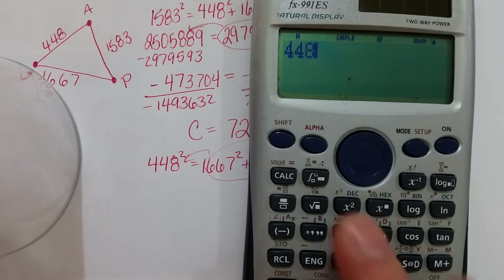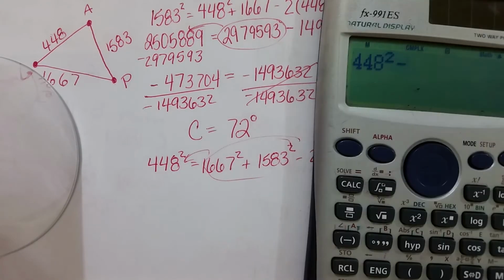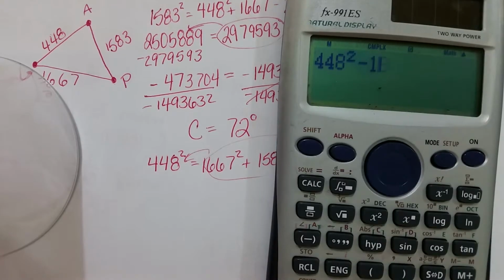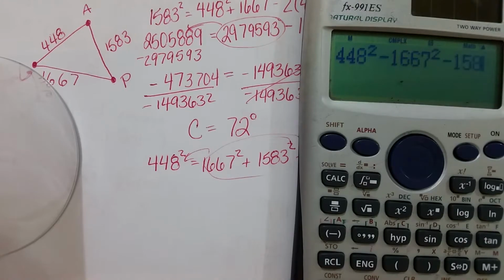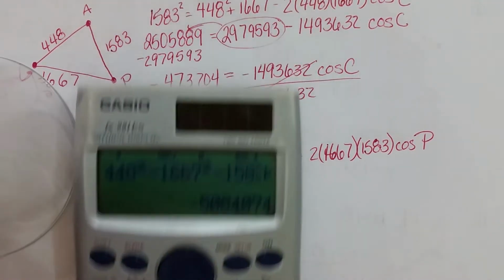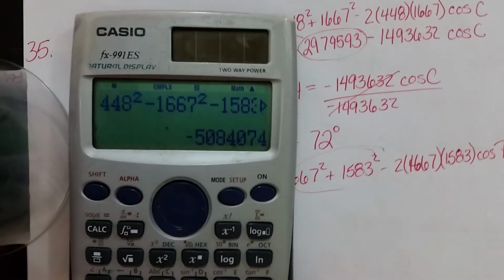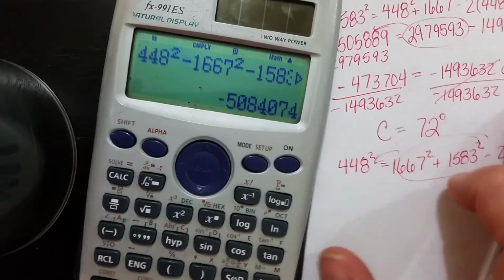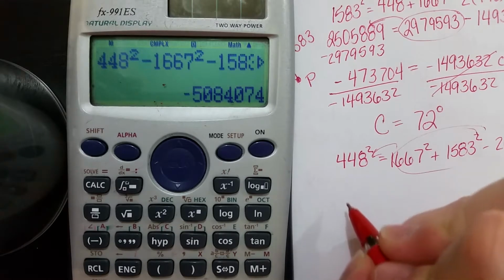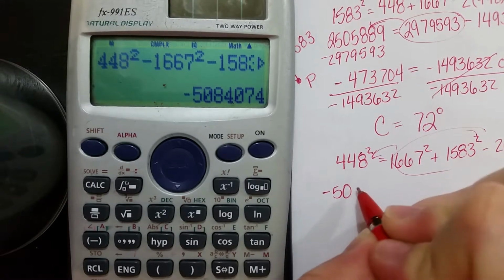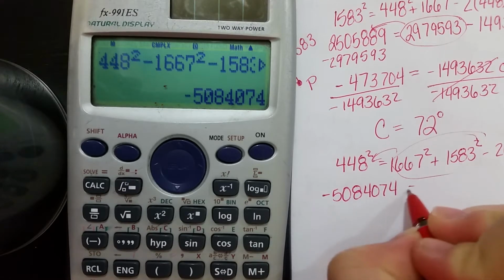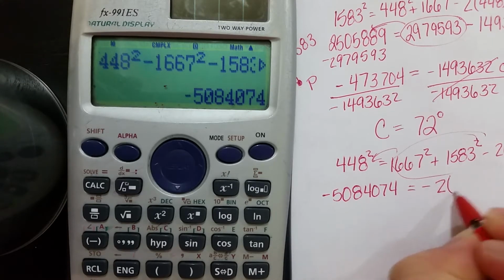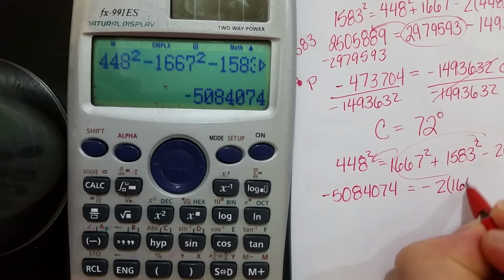So 448 squared minus 1667 squared, and then minus 1583 squared. Okay, so I get negative, let's see if I can write all this so you can see it, negative 5084074 equals negative, I'm just going to leave this the way it is, 1667, 1583.